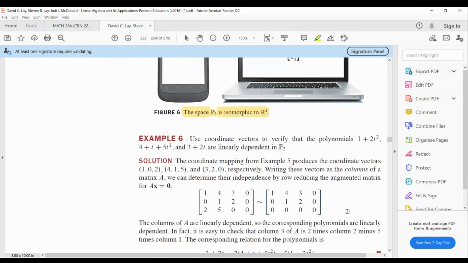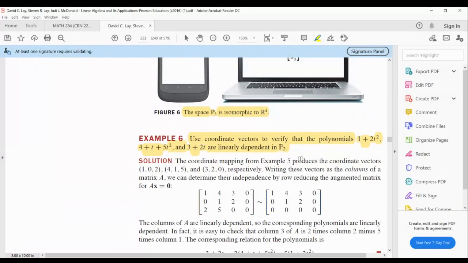Example 6, they want you to use coordinate vectors to verify that the polynomials 1 plus 2t squared, 4 plus t plus 5t squared, and 3 plus 2t are linearly dependent in the second degree polynomial space, P sub 2.